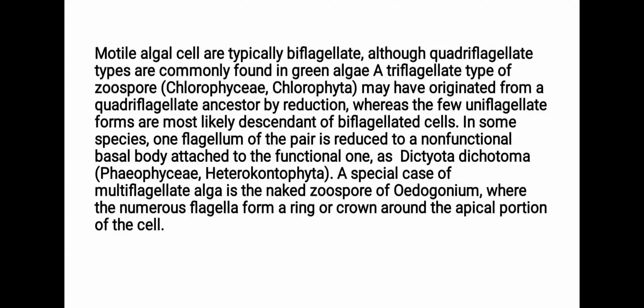Students, motile algal cells are typically biflagellate, although quadriflagellate types are commonly found in green algae. A triflagellate type of zoospore that may be present in Chlorophyceae or Chlorophyta may have originated from a quadriflagellate ancestor by reduction, whereas the few uniflagellate forms are most likely descendants of the biflagellated cells.